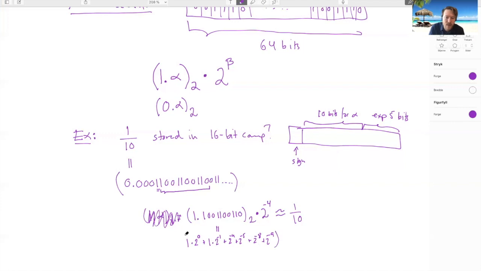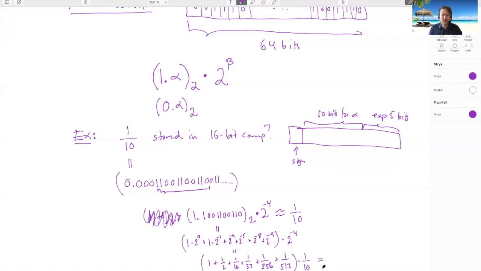And then I multiply all of this by 2 to the minus 4. And then you can see what this becomes. Well, this becomes 1 plus a half plus 1/16 plus 1/32, 1/256 plus 1/512 times 2 to the minus 4, and 2 to the minus 4 was 1/16.